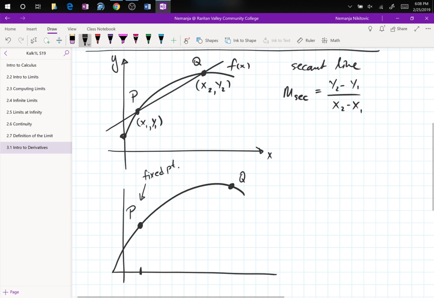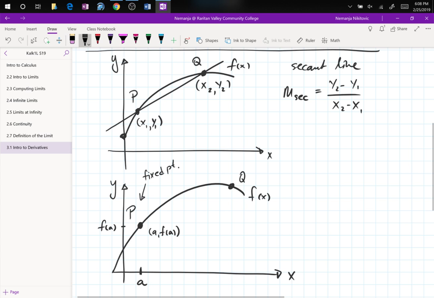Now P is going to have our a, f of a coordinates. So P has your a, f of a coordinates. You are given function f of x. If you plug in a, you will get f of a out, right?